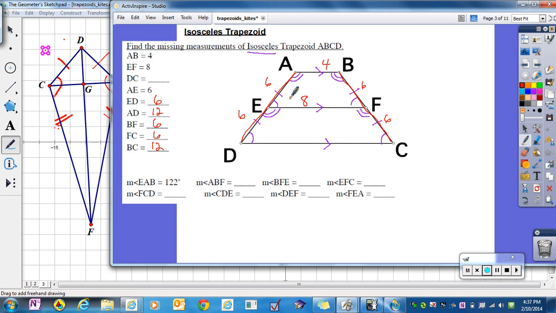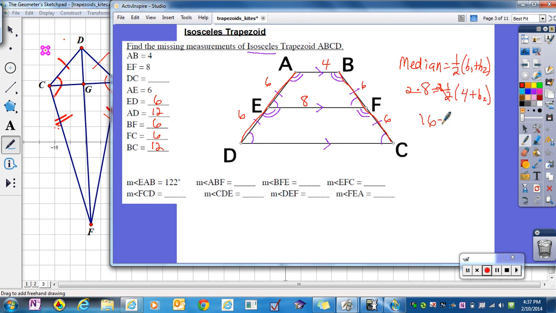Well, I know that EF is my median, and my median is equal to half of base 1 plus base 2. My median is 8, so it's equal to 1/2 of 4 plus whatever my second base is, so we'll call it base 2. In order to solve this, I need to get the 1/2 out of there, so I'm going to multiply both sides by 2.